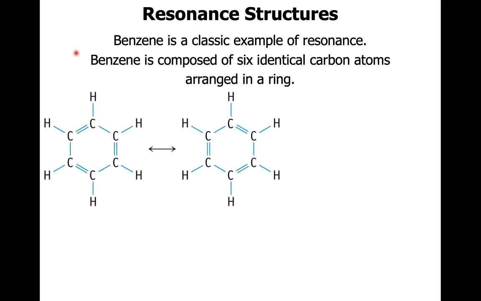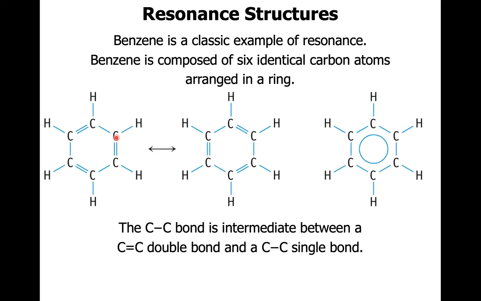From organic chemistry, I'm sure you remember this happens with benzene. I could draw benzene with the double bonds here, here, and here, or I could draw benzene with the double bonds here, here, and here. Same sort of deal happens. These carbon-carbon bond distances are intermediate between what we would expect in a carbon-carbon single bond and a carbon-carbon double bond.